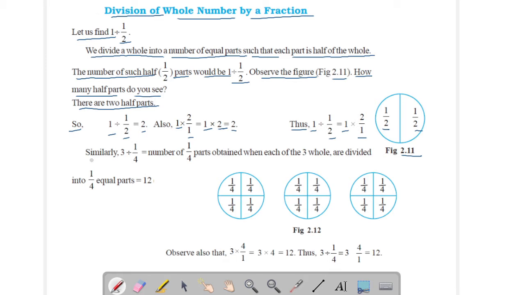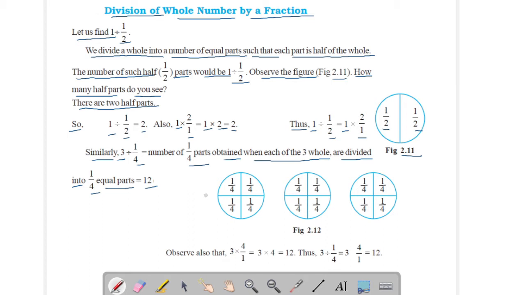Similarly, 3 divided by 1 upon 4 is equivalent to the number of 1 upon 4 parts obtained when each of the 3 wholes is divided into 4 equal parts, that is 12.